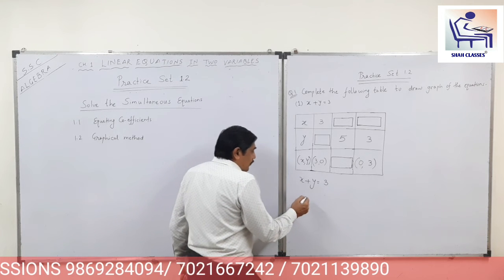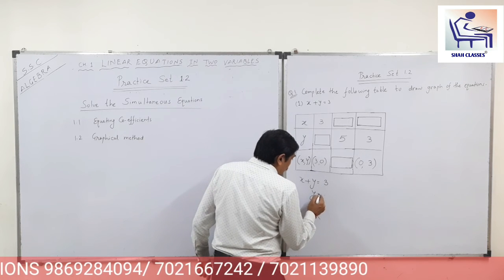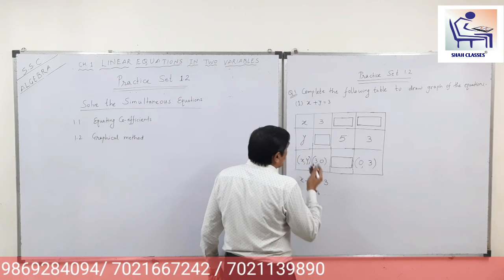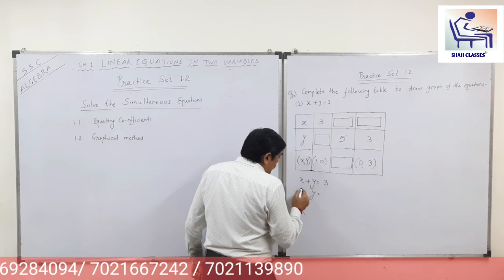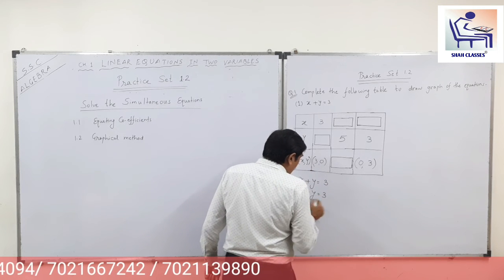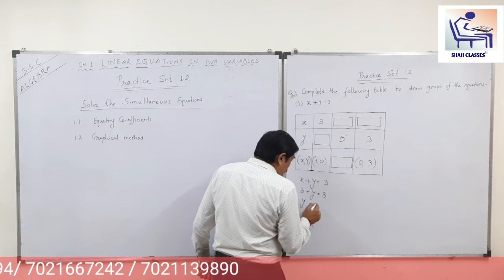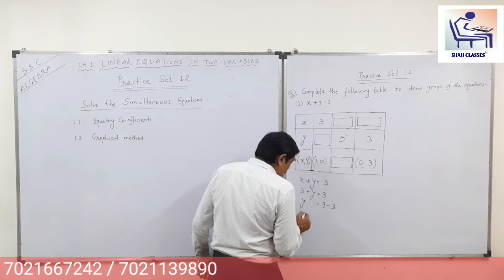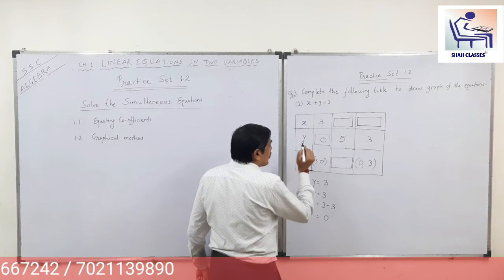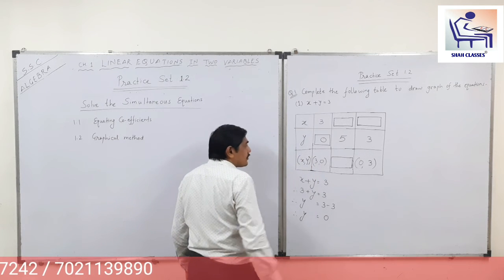Now first of all, solve this equation. You can substitute the value of x, so 3 plus y is equal to 3, so y is equal to 3 minus 3, so 0. So here we have to fill up the 0.